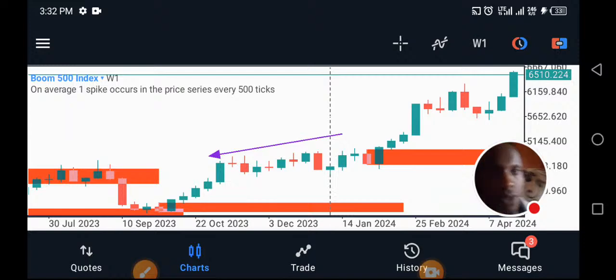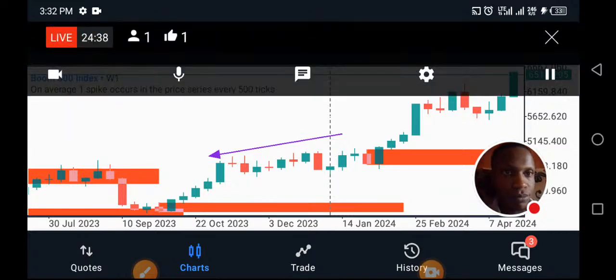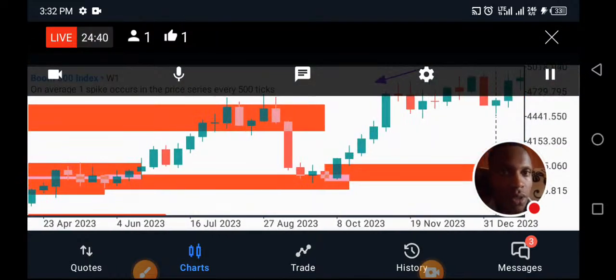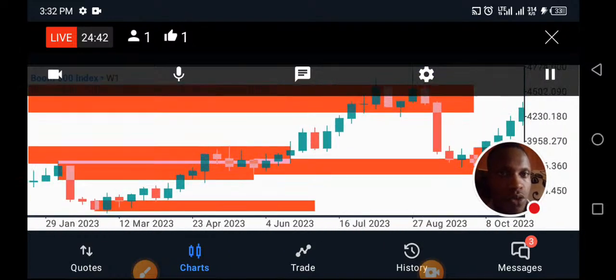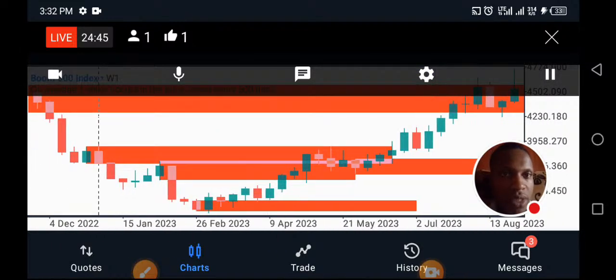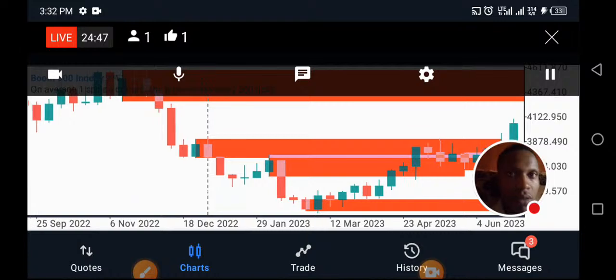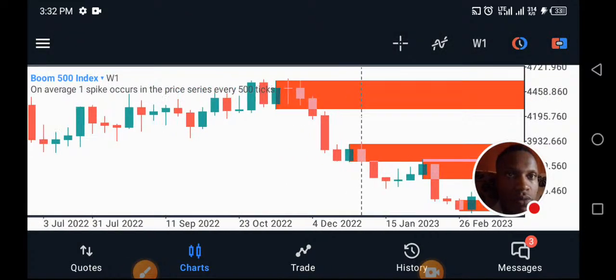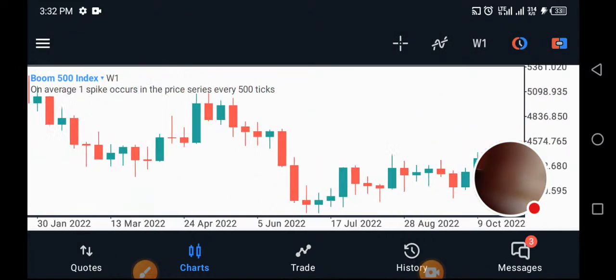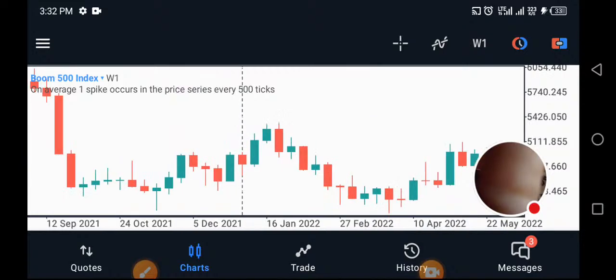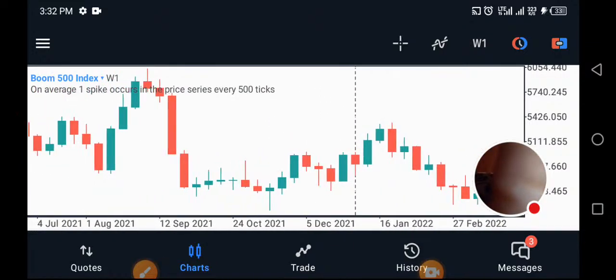So we have to draw it that way. Most of the examples here are very tiny candles, and that's why we are making use of the complete candles.